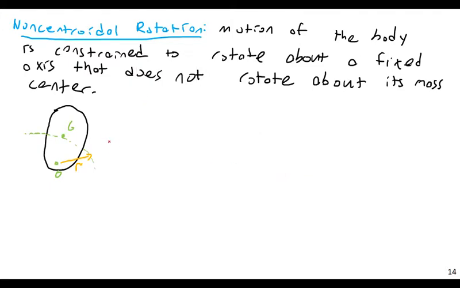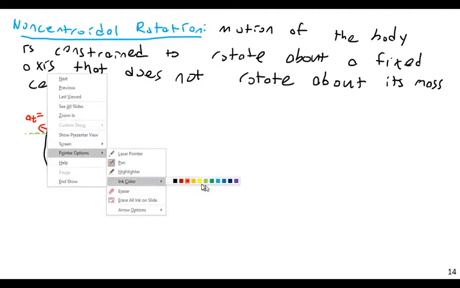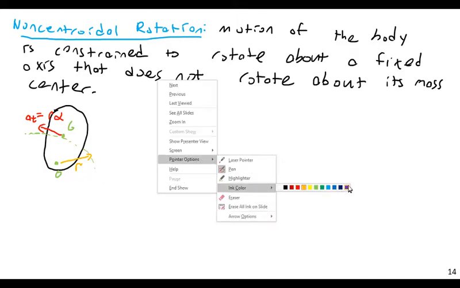So anyway, let me label a couple accelerations here. I would have my tangential acceleration, which will be R alpha. And I would have both an alpha and an omega.